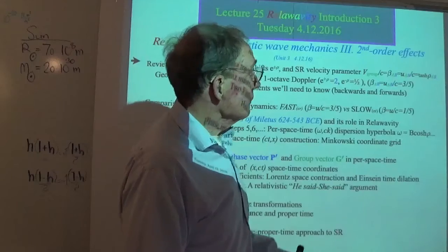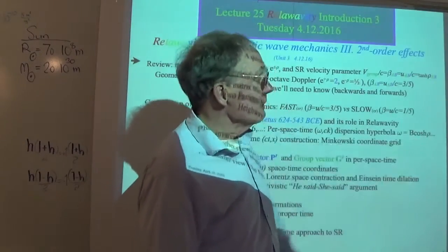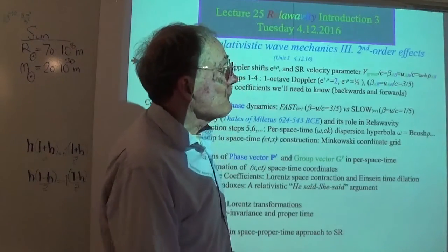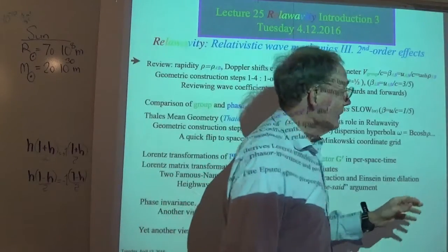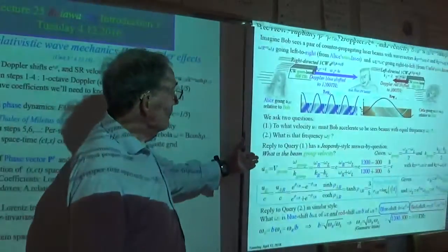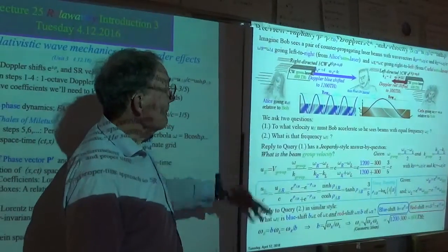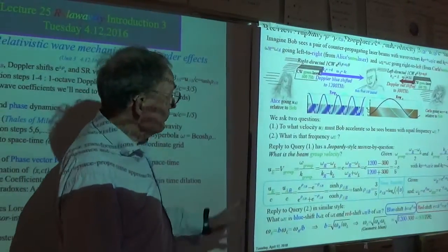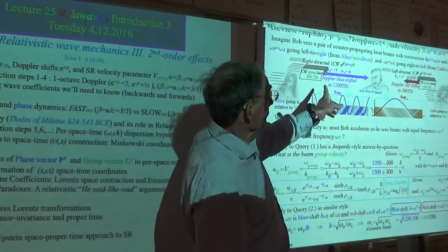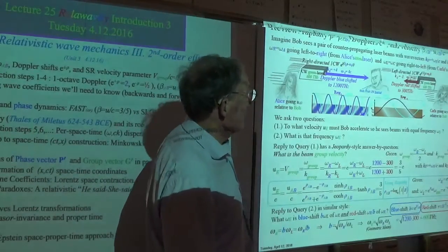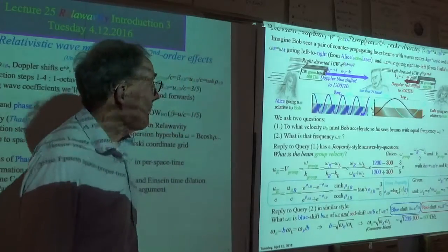So this is stuff that was discussed in the slide from lecture 24, and was the one that asked what would happen to Bob being attacked from both sides by lasers of different frequencies.